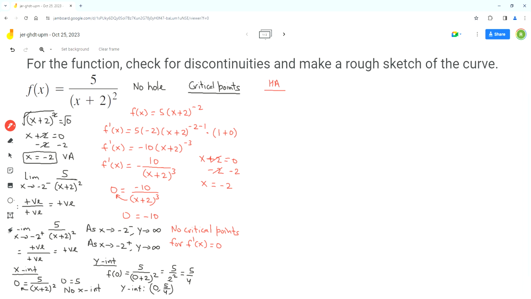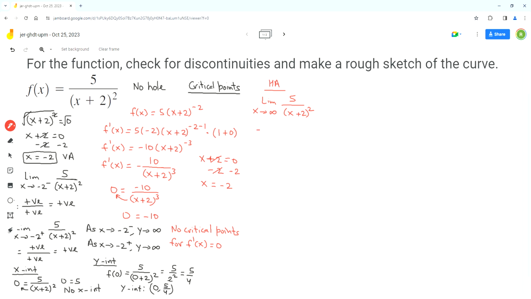Now in this rational function there is no x term in the numerator, so we'll just apply the limit x approaches infinity to find the equation of the horizontal asymptote. So we'll do limit x approaches infinity of 5 over (x plus 2) squared.